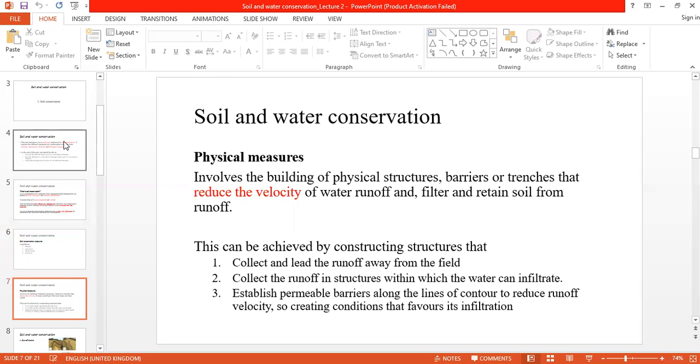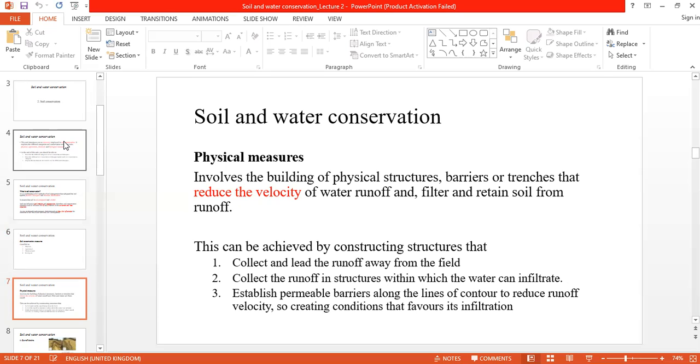These physical measures involve building of structures or barriers or trenches, and mainly they reduce the velocity of water that is flowing on the surface.